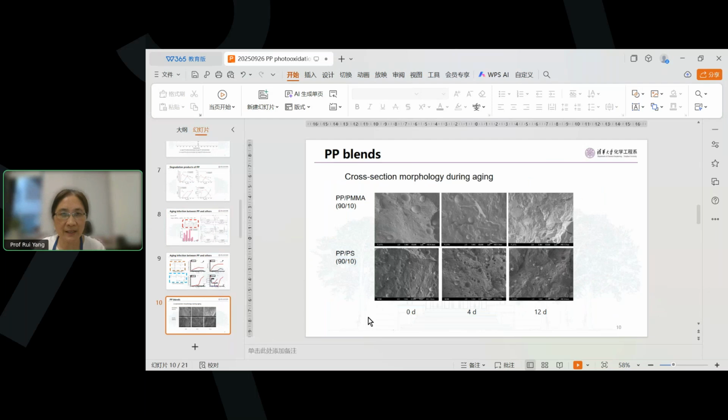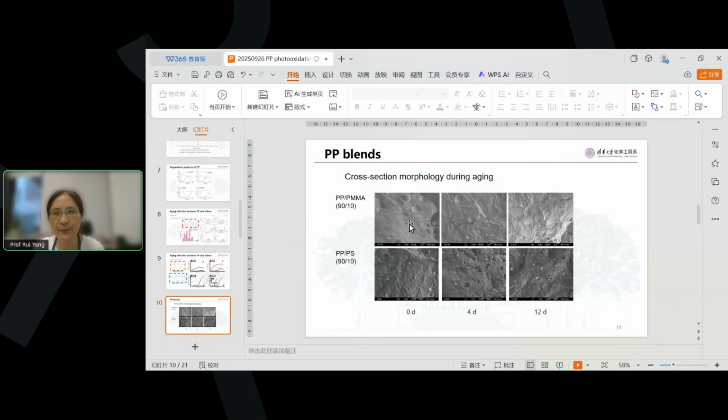The second group of sample is PP blend. So when we look at PP blend with PMMA and PS, we look at the cross-section morphology. We can find that for the PP and PMMA blend, the first morphology shows clear phase separation.